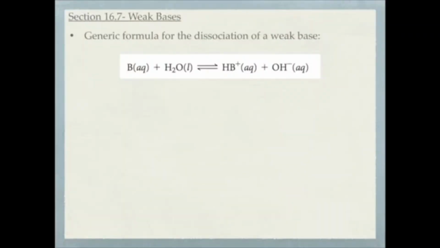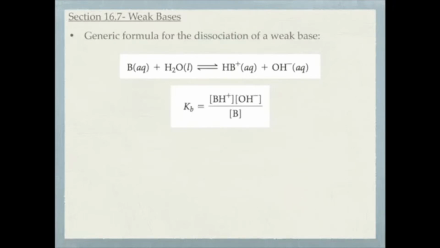The dissociation of weak bases. In this case, a weak base is represented simply with a B. When it reacts with water, remember it's a proton acceptor, so it becomes HB with a positive charge, and hydroxide, because hydroxide lost its proton to the base. Now, just like with weak acids, we can write the equilibrium expression.